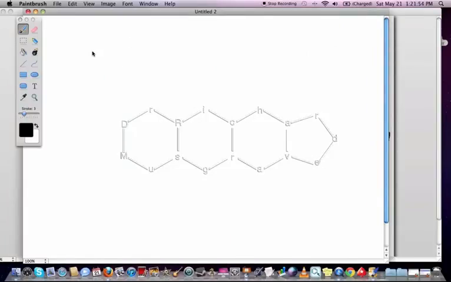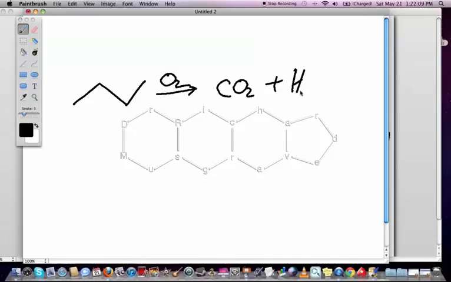So let's say we started off with this compound. Combustion is the reaction of an alkane with oxygen, and all we're going to get is CO2 and H2O. Now you can balance it if you want to, but I'm not asking you to balance them. I'm just asking you to give me the products.